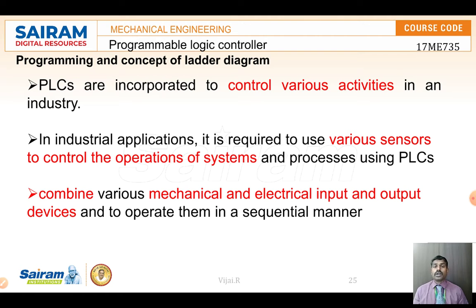These are all automated works going on in industries, which can be controlled with the help of a PLC. For that, we need some sensors. Various sensors and feedback controller units are used for controlling the operations in industries.